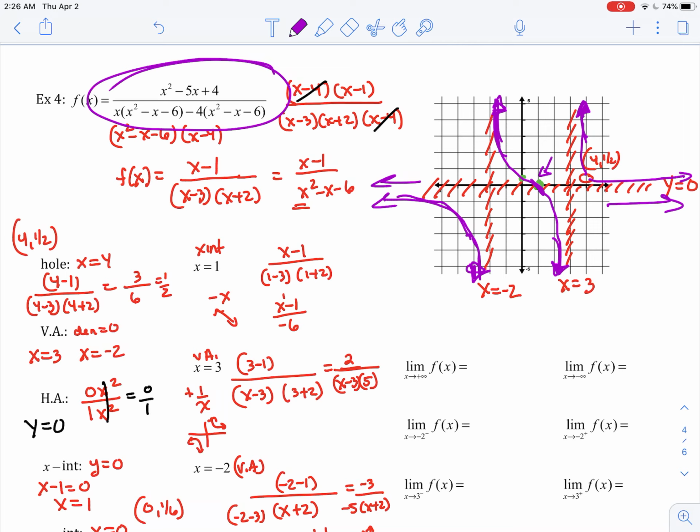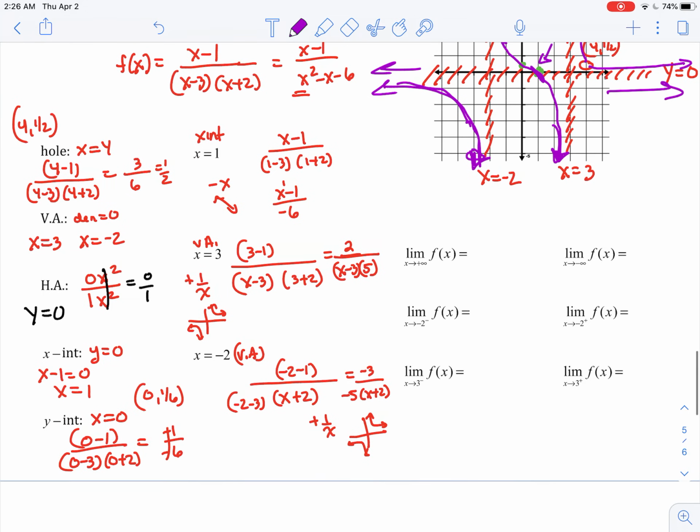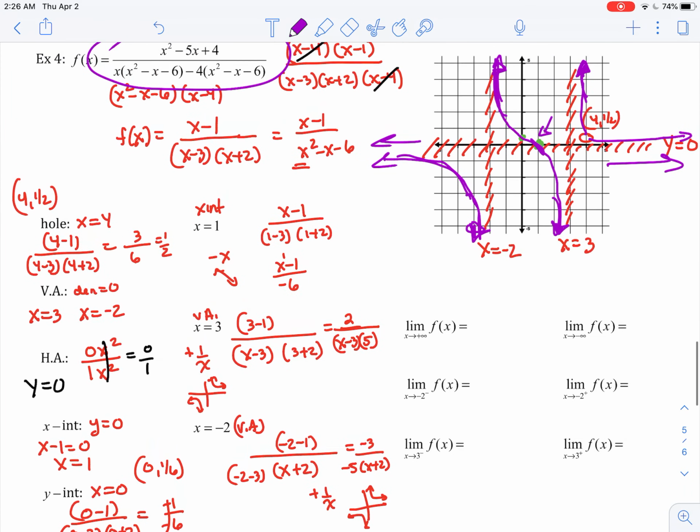So if we just come down here on the right-hand side, limits is something that you're going to look at next year, but just to get an idea, looking at our graph, if we look at our function, our f of x, and as we look at the limit as x is going off towards a positive infinity, so as x is getting larger and larger, our graph is flattening out along that horizontal line.